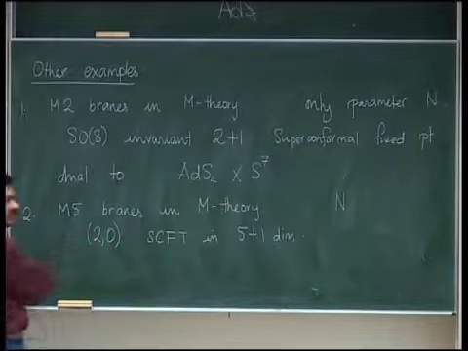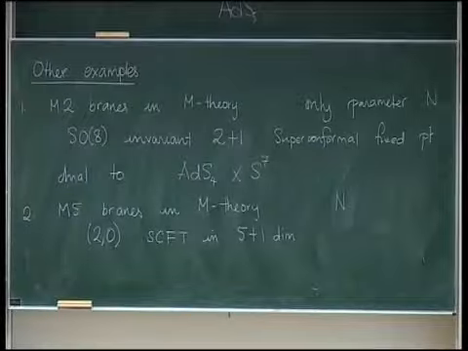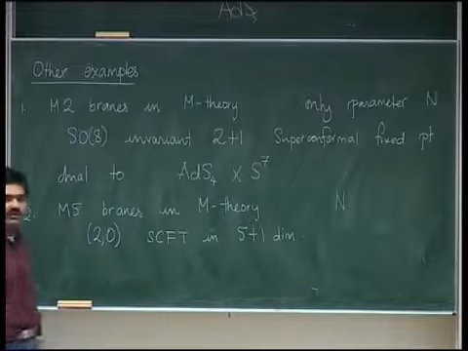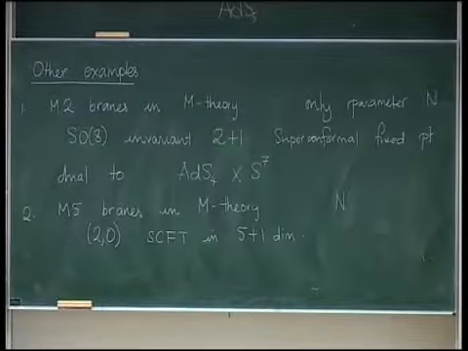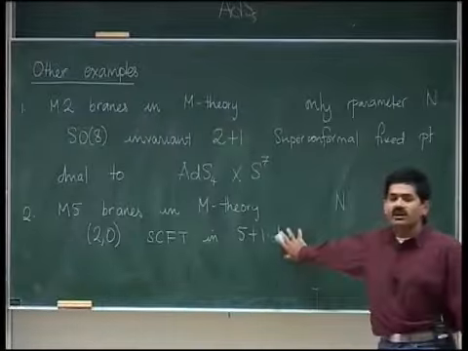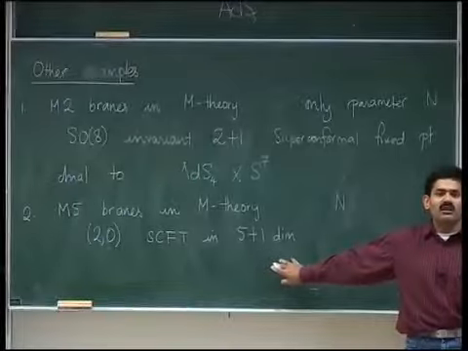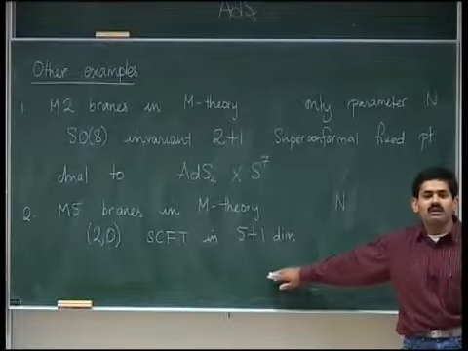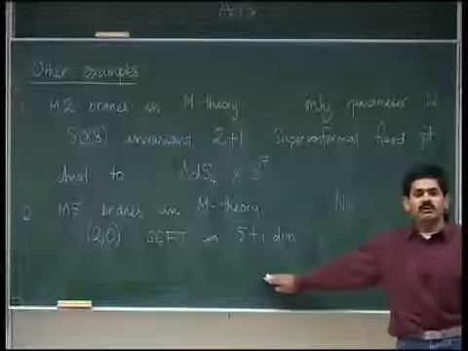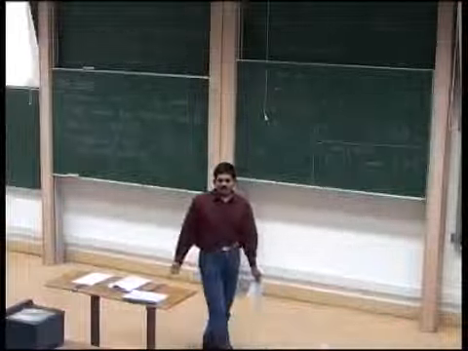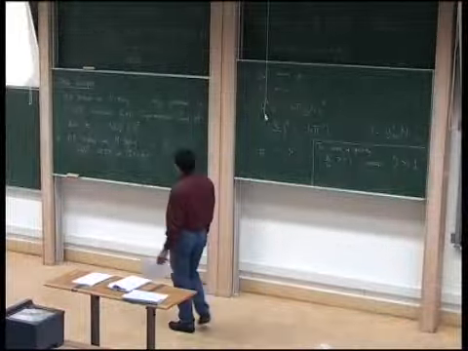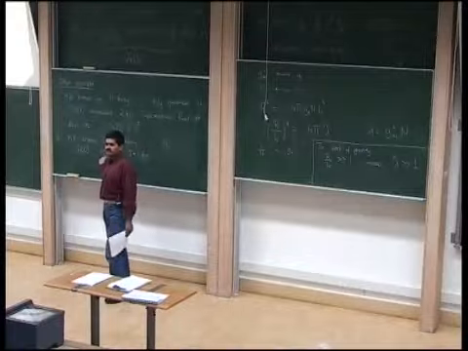The world volume theory of the M5 branes is a 2,0 superconformal field theory in 5 plus 1 dimensions. You can think of this theory as the UV completion of 5 plus 1 dimensional super Yang-Mills theory. So 5 plus 1 super Yang-Mills theory is not renormalizable, but it UV completes to a 6-dimensional theory, which is this.